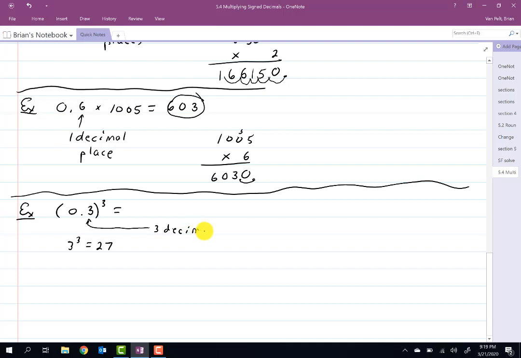Imagine it's multiplied all the way out: 0.3 times 0.3 times 0.3, and then you'll see the 3 decimal places. So we take our 27, put the decimal after it, and I'll move to the left 1, 2, 3, and we put the 0 in that place. So 0.027.